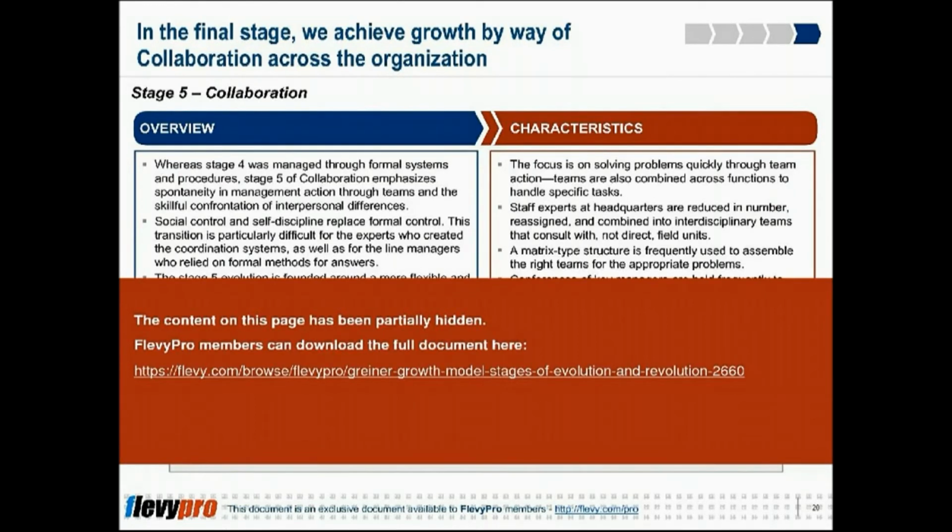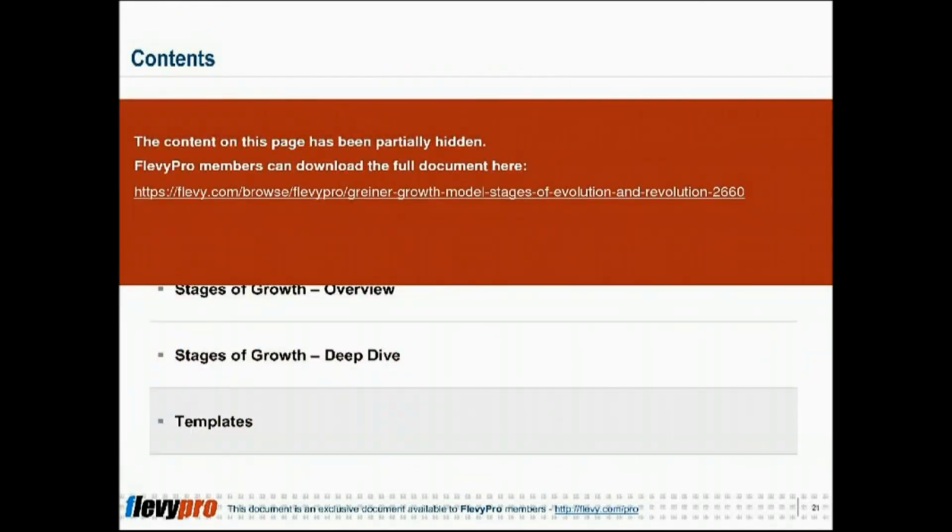4. Stages of revolution. Revolution is a period of substantial turmoil in the organization's life. Each revolutionary period is characterized by the dominant management problem that must be solved before growth can continue.